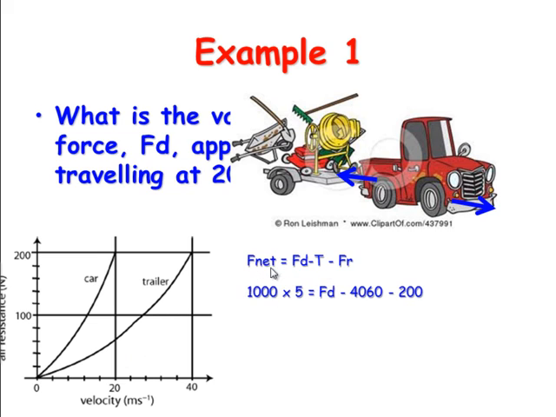So we've got 1,000 times 5, that's MA, equals our driving force, minus the tension, equal and opposite from the previous question, minus our frictional force. At 20 meters per second, the car's got 200 newtons. So rearranging, we get 9,260 newtons.